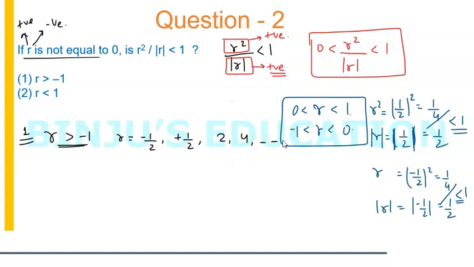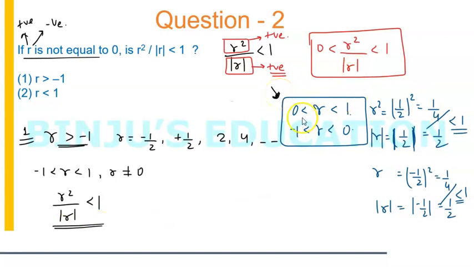Now, if the value of r lies between minus 1 and 1, r is not equal to 0, then r square by mod of r will always be less than 1.